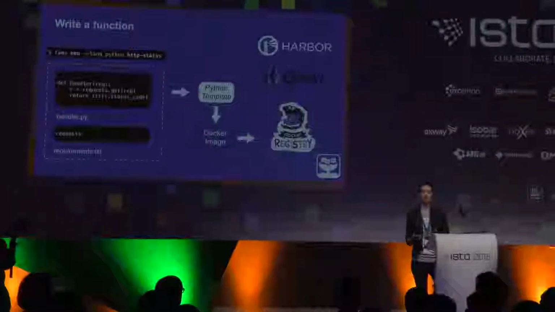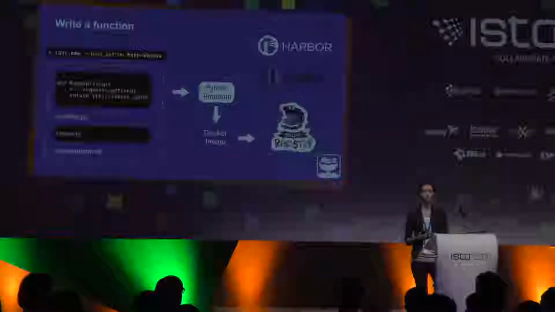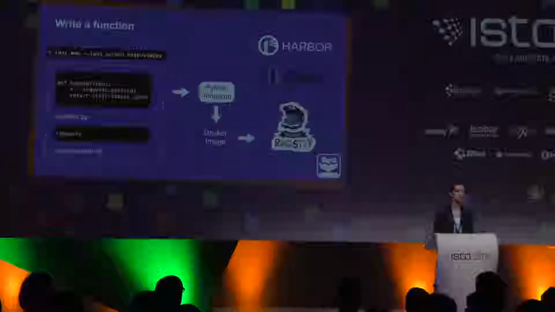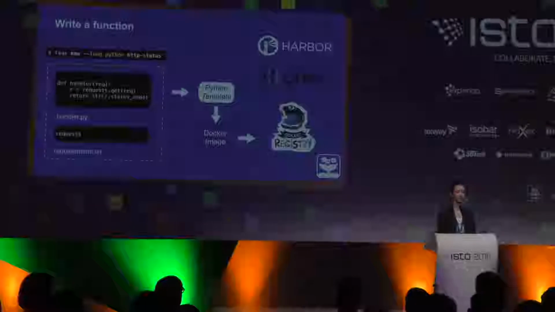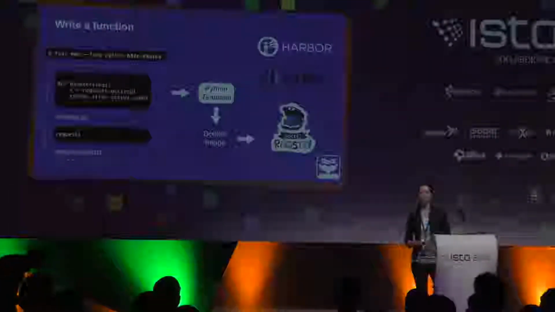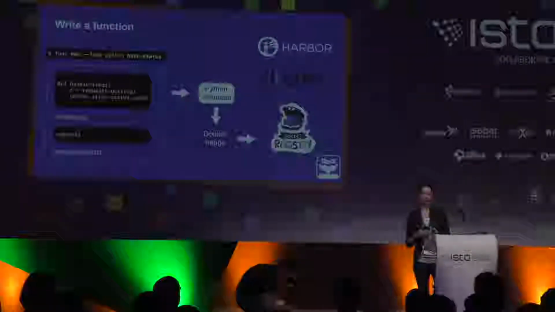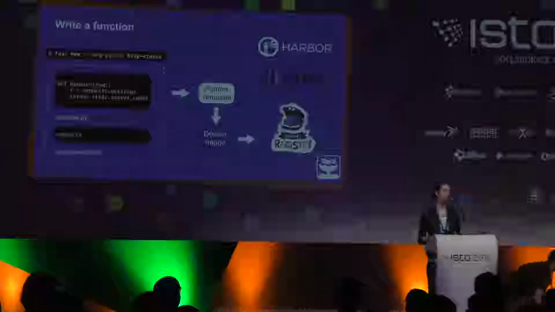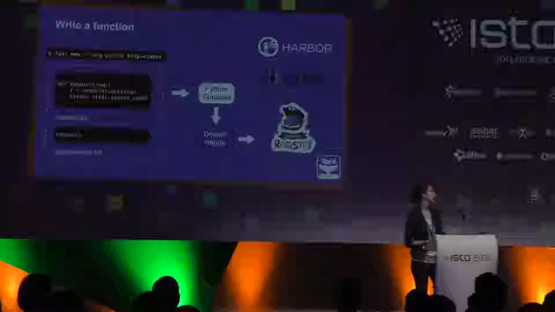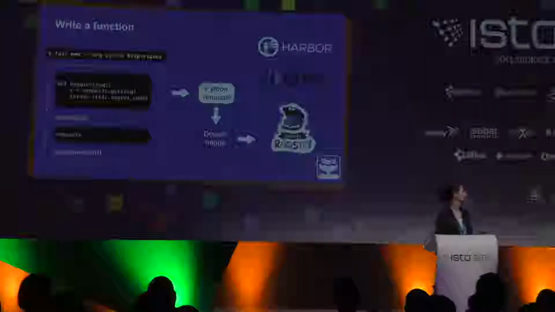And this is handler code, or code of your function, and all your dependencies written by you or side dependencies that you can attach. And what happens here is that your function is built into a Docker image. It can be pushed in any available Docker registry, like Docker Hub, Quay, Harbor.